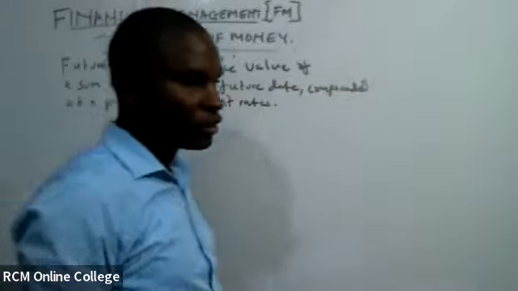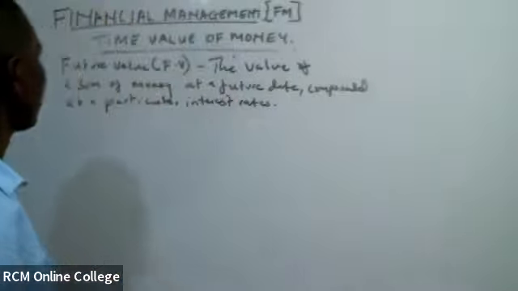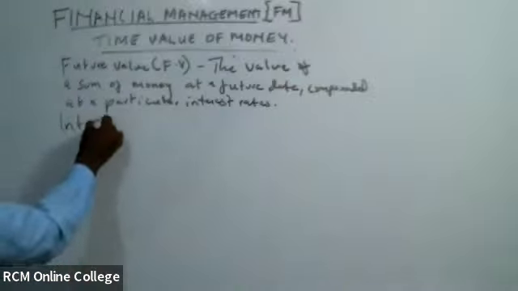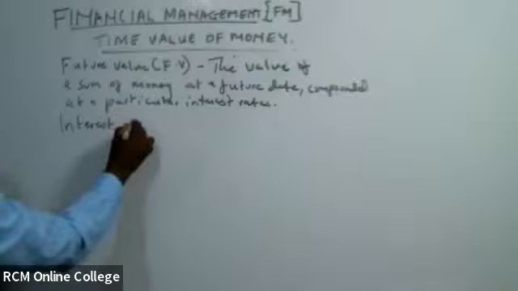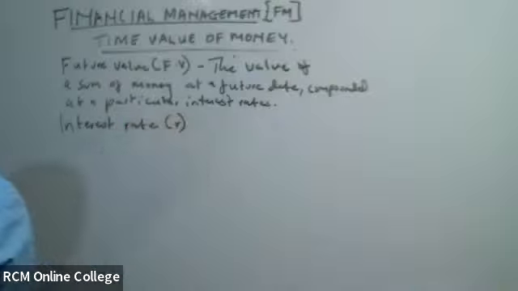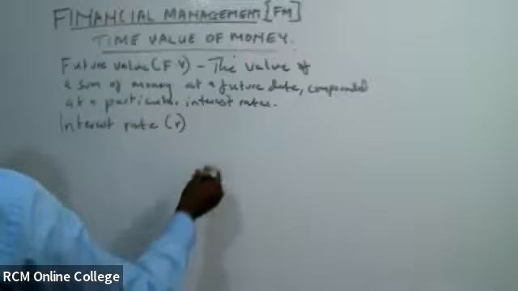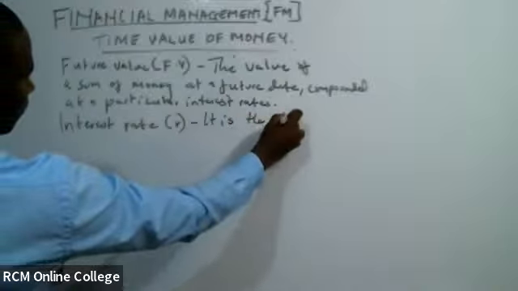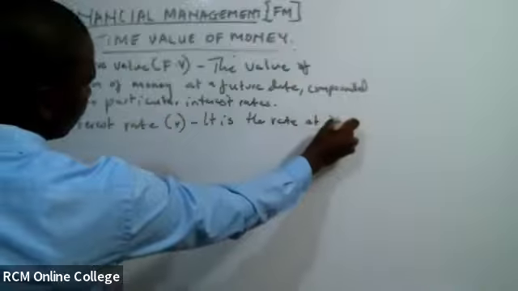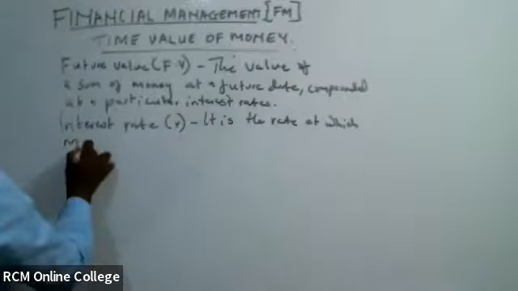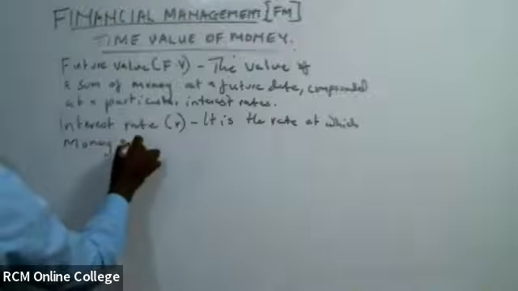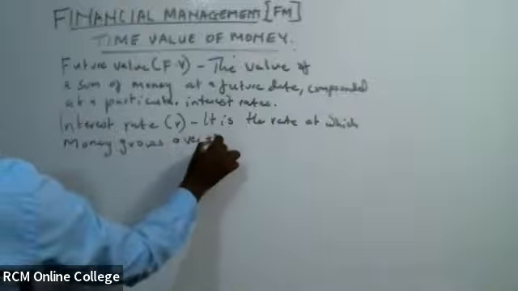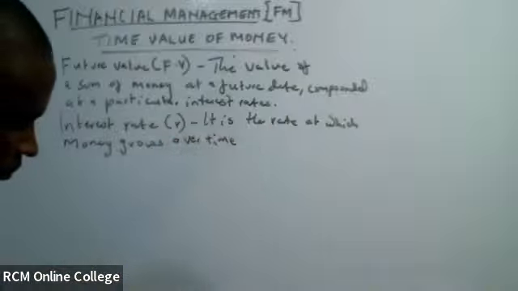At a particular interest rate. In the future value and the present value, we have mentioned interest. The interest rate, represented with R, is the rate at which money grows over time.